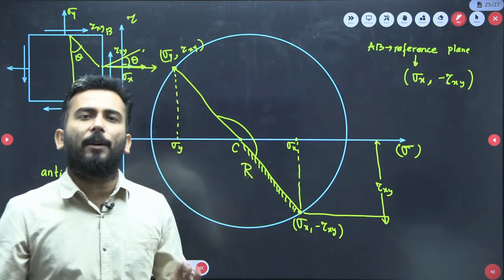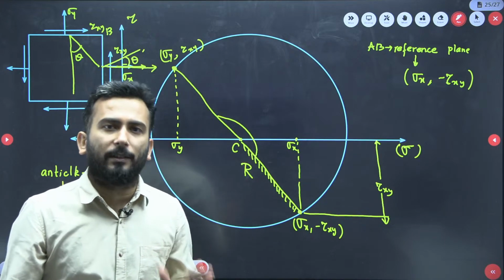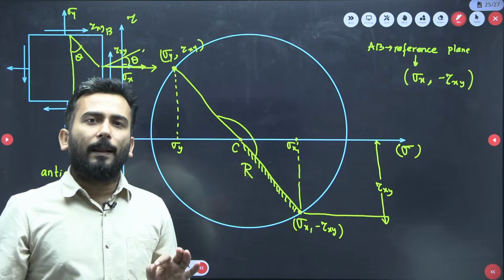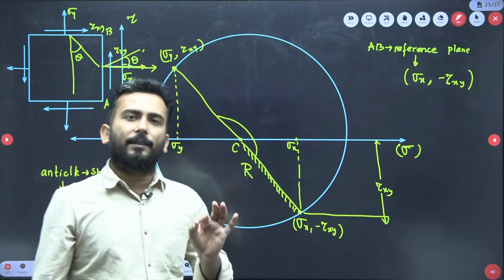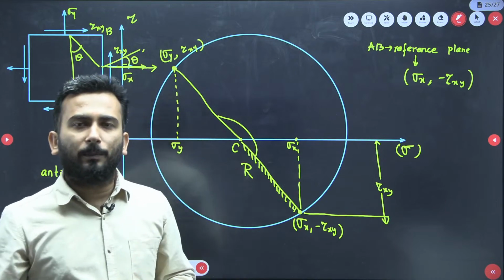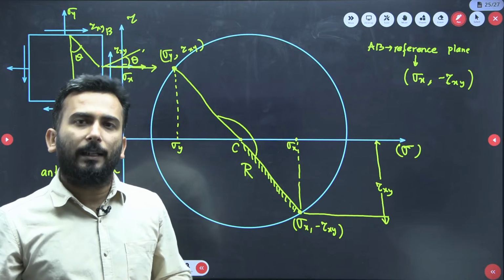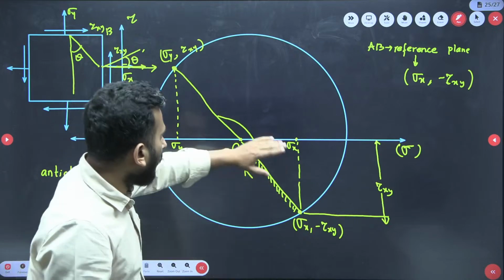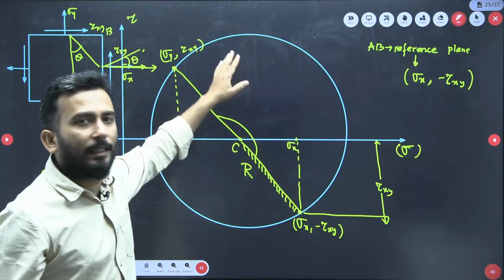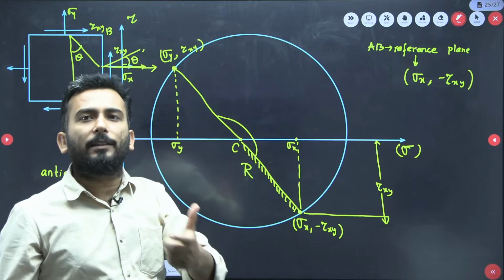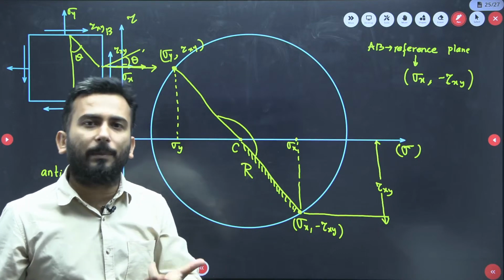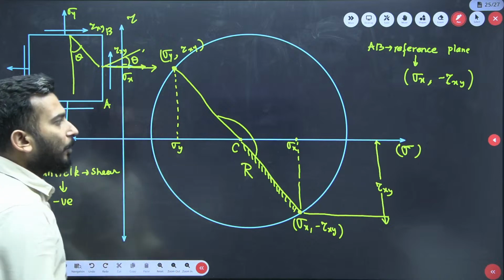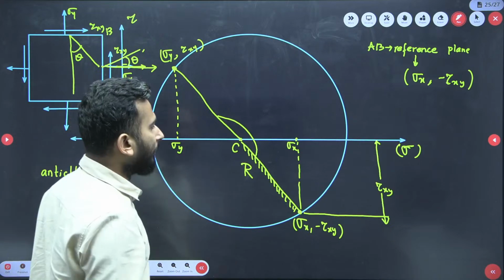For example, if I have to locate principal stresses, you know that principal stresses are the stresses on which shear stress is 0. On the plane of principal stress, shear stress is 0. So on this entire circle, wherever shear stress is 0, that will automatically be my principal stresses or principal plane, whatever you want to say.